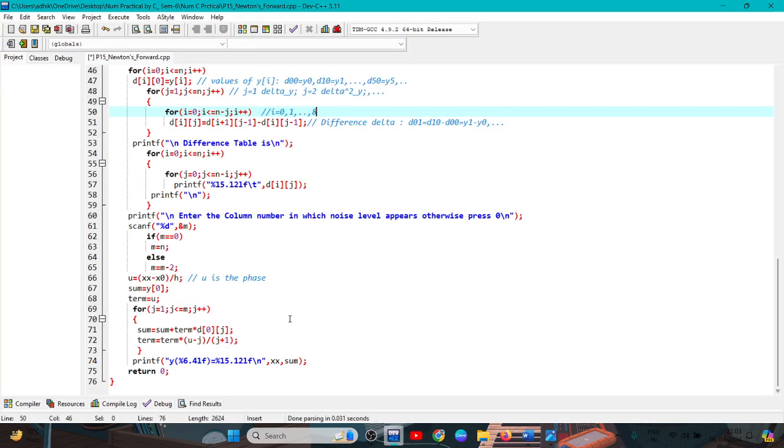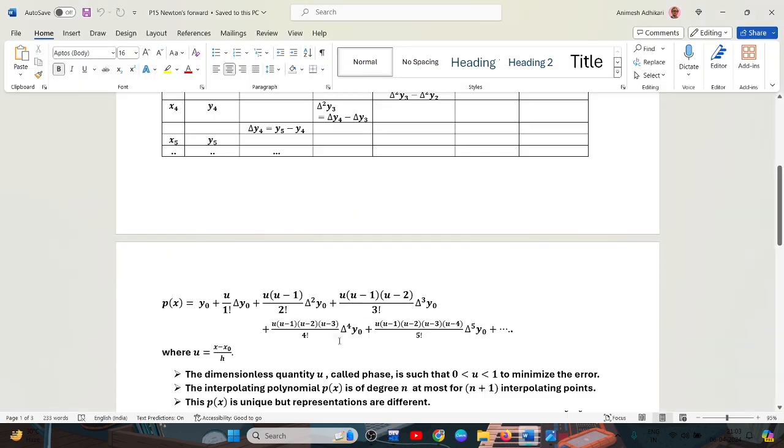So for j equal to 1, we get y0 plus u into delta y0. Next, new term equal to the previous term into (u minus j) divided by (j plus 1). Here j equal to 1, so u into (u minus 1) divided by 2. So the next term is u into (u minus 1) by factorial 2.